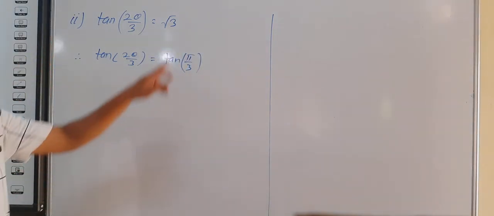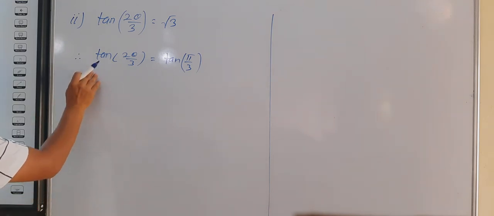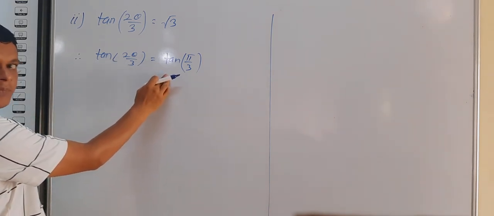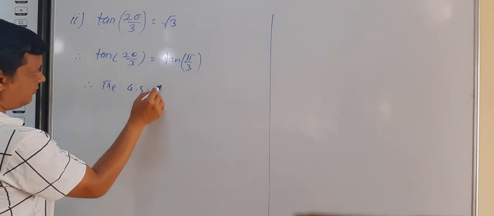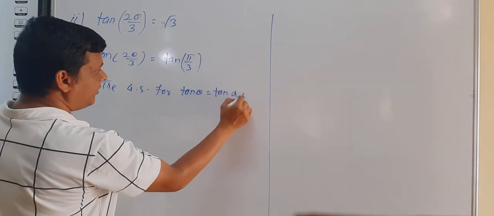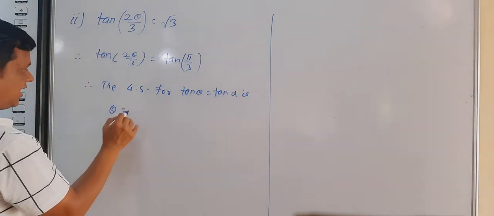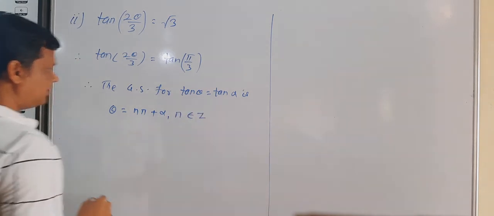So in place of root 3 we write tan pi by 3. This is of the form tan theta equals tan alpha. Therefore the general solution for tan theta equals tan alpha is theta equals n pi plus alpha, n belongs to Z.